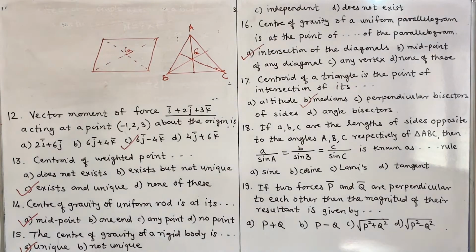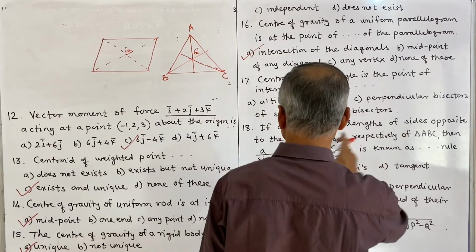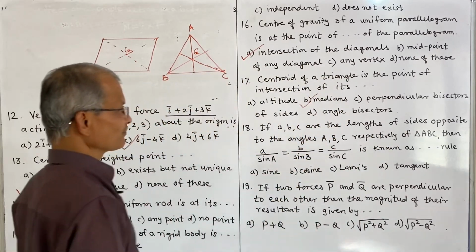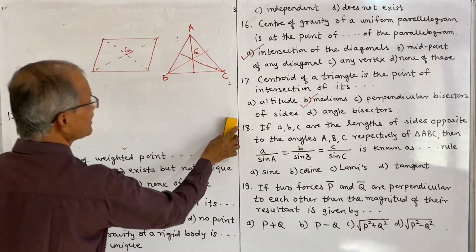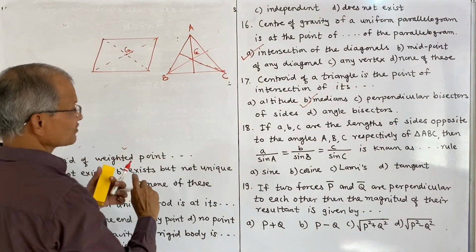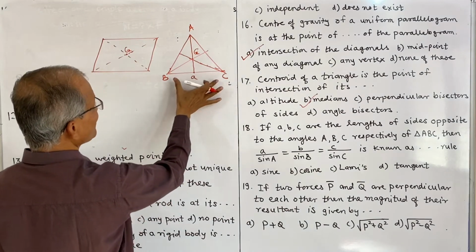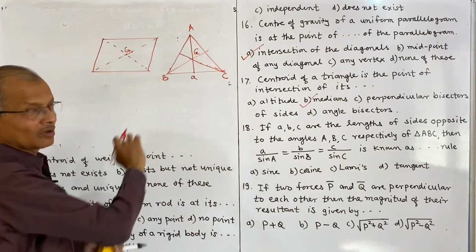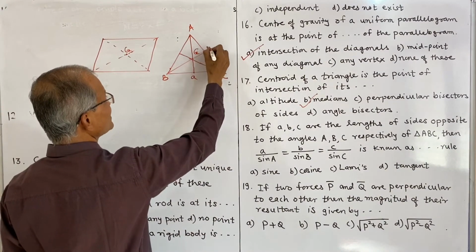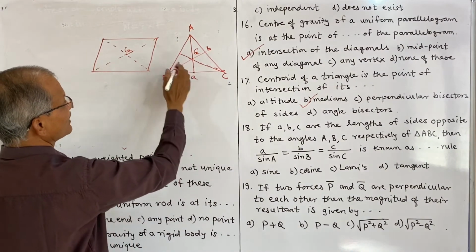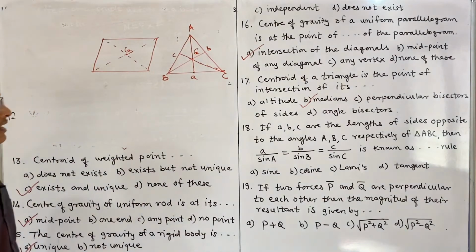Next, if a, b, c are the lengths of the sides opposite to the angles A, B, C respectively of triangle ABC, then small a is the length of side BC, which is opposite to vertex A. Small b is the length of side CA, which is opposite to B, and small c is the length of side AB.